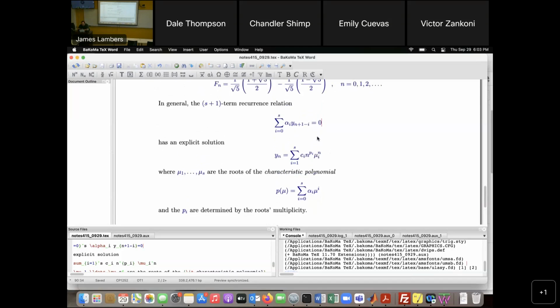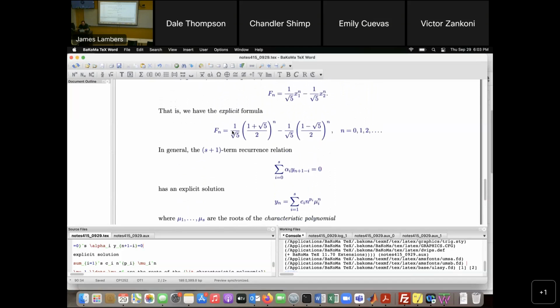Okay. Actually, this is the end of the notes. Were there any questions about how this formula was arrived at? Are there any homework questions?